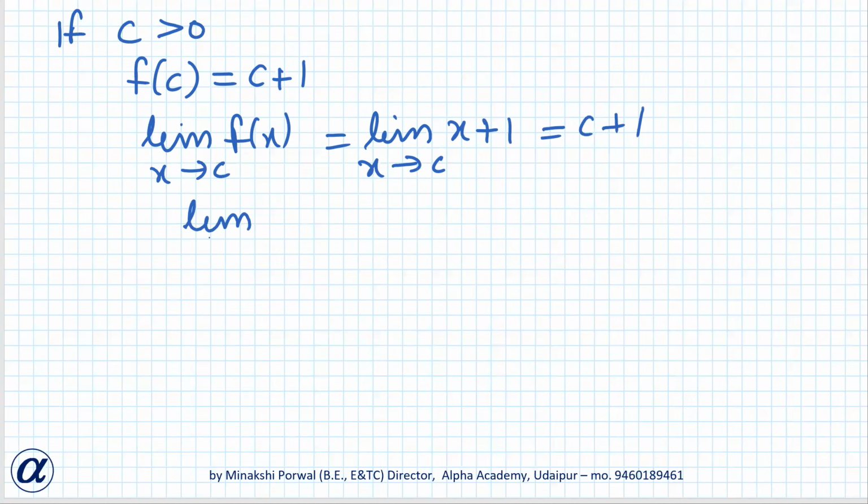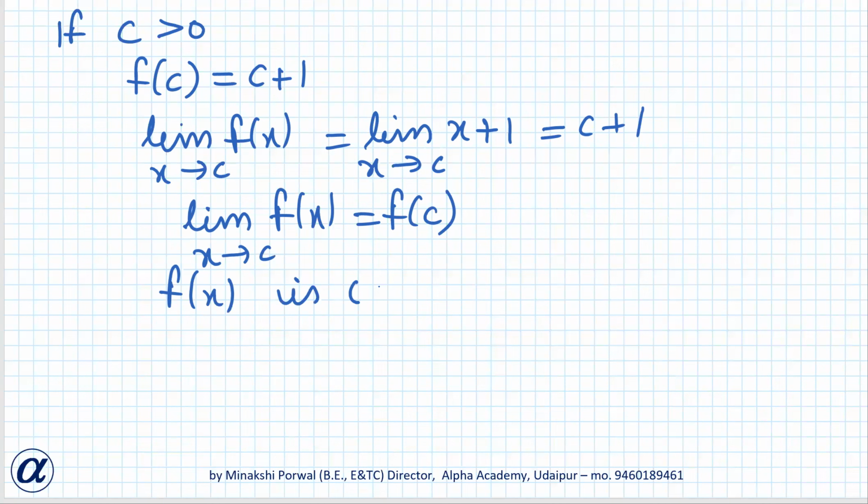So limit x tends to C f(x) equals f(C). So f(x) is continuous for C greater than 0.